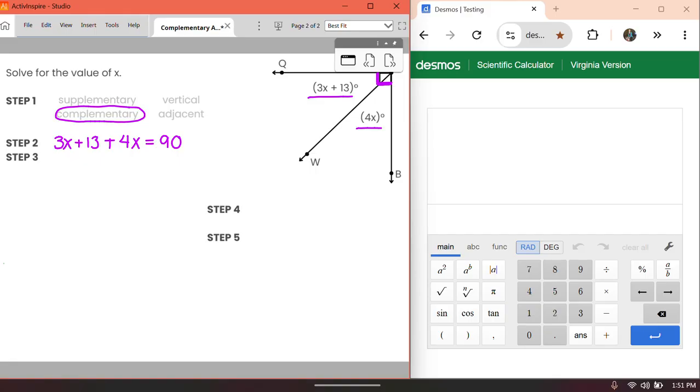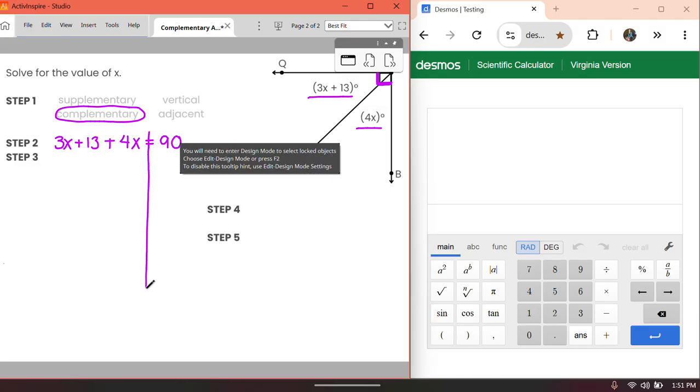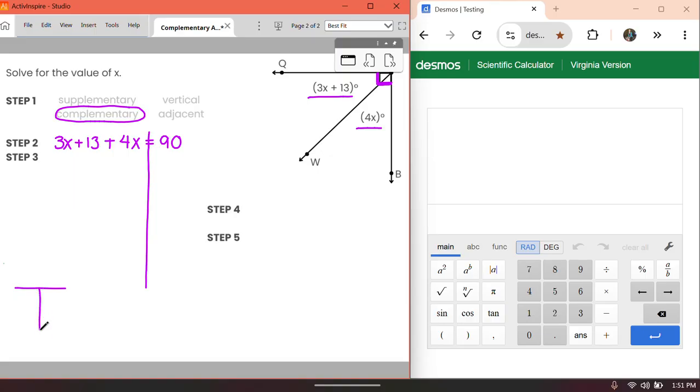Step three is to solve it. Okay, so I'm going to draw my line here. And then when we solve an equation like this, we make a T-chart. And I know I need to make this T-chart because on the left, there's two terms that have an x in it. Okay, and I need to put those together.